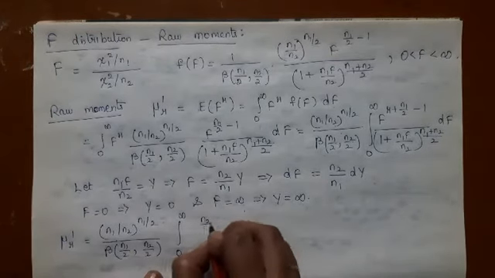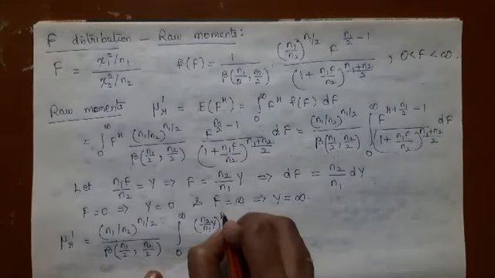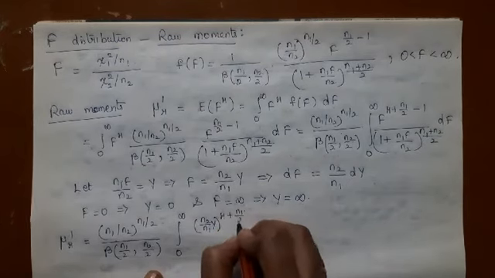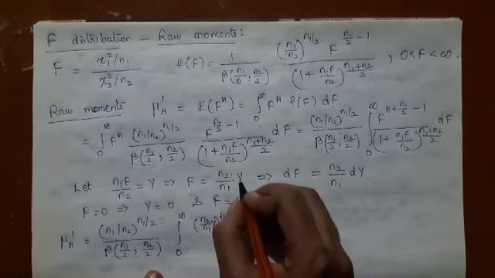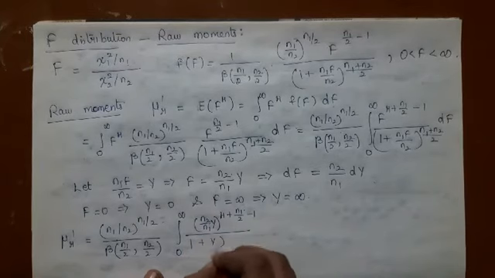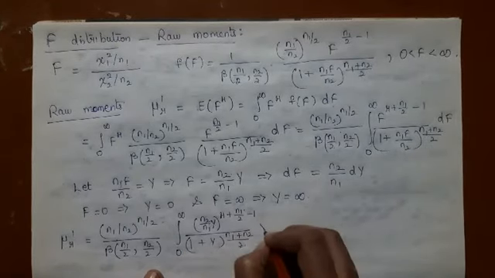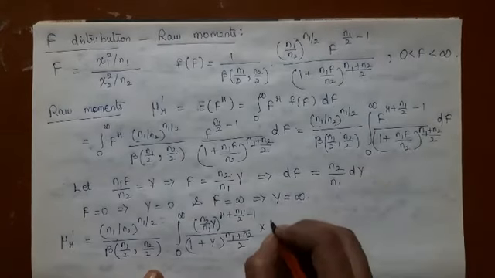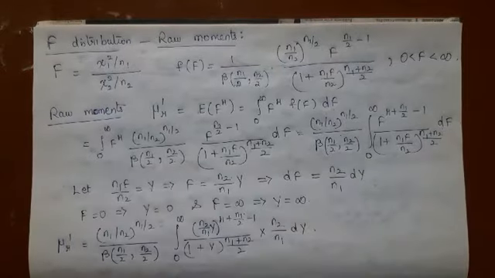F is ((n2/n1) y)^(r + n1/2 - 1), where for f I have substituted (n2/n1) y, divided by (1 + y)^((n1+n2)/2), and for df you have (n2/n1) dy.